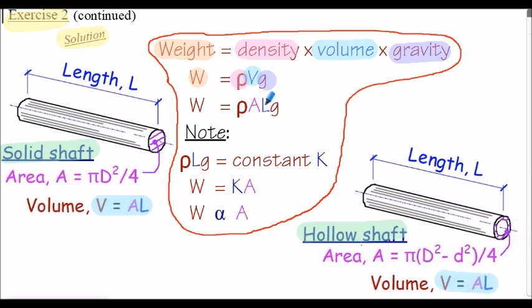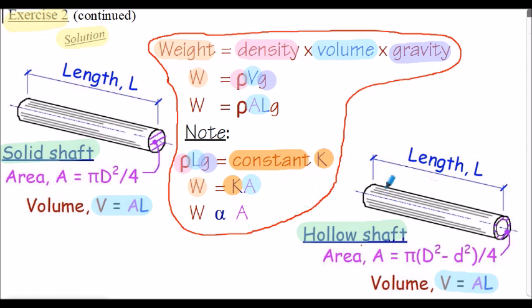So V can be replaced with A multiplied by L. What we notice now when reviewing this equation is that the mass density rho, the length L, and the gravitational acceleration g are all constants, which I'm going to call that single constant K. So the weight force actually equals K multiplied by A.